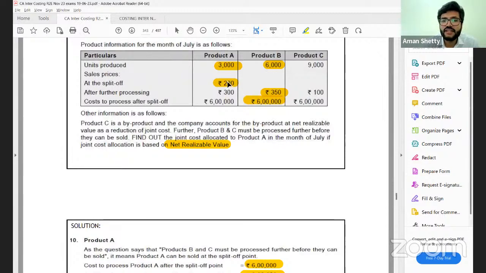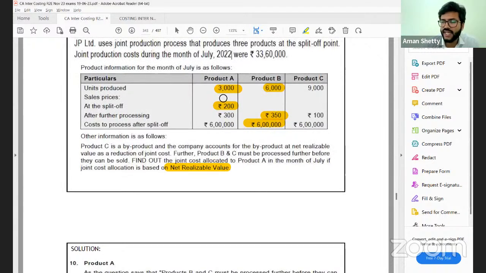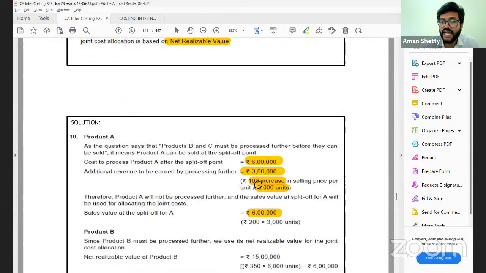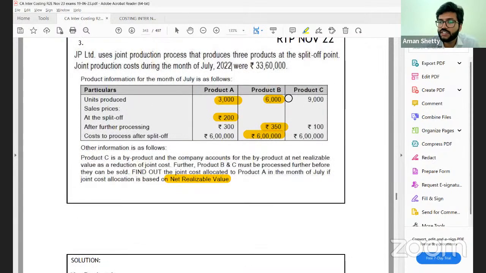See here, product A, am I further processing? No. Product A, I am not further processing. Therefore, there is no concept of further processing cost now. I am only taking the sale value at split off, 200 into 3,000. Clear?